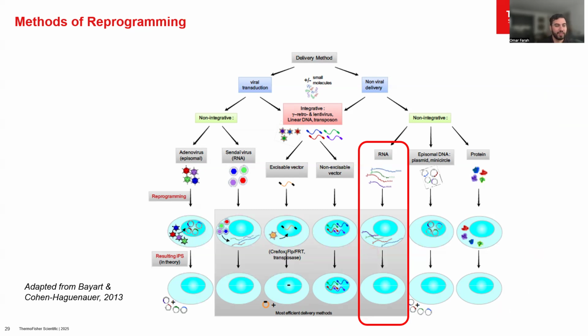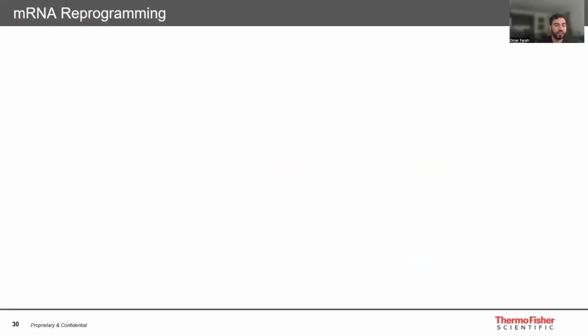Excellent. And okay, so we talked about episomal, we talked about the Sendai, but there is another really interesting method of using mRNA to reprogram that I think we should definitely talk about. This is not something that we offer at Thermo Fisher, but I wanted to make sure that we cover this because it is more of a goal in the field.